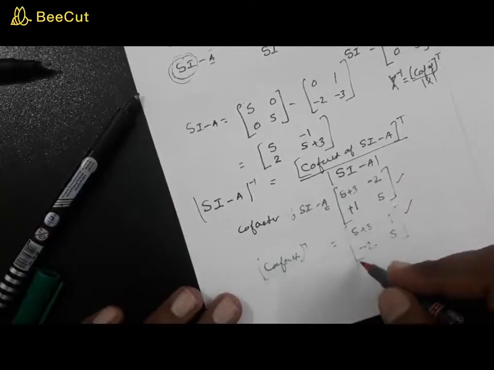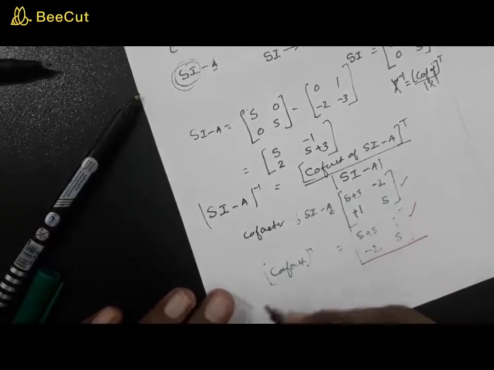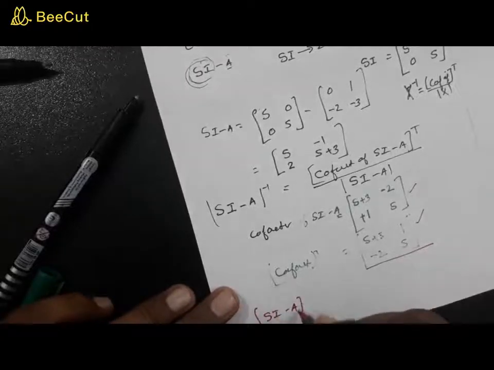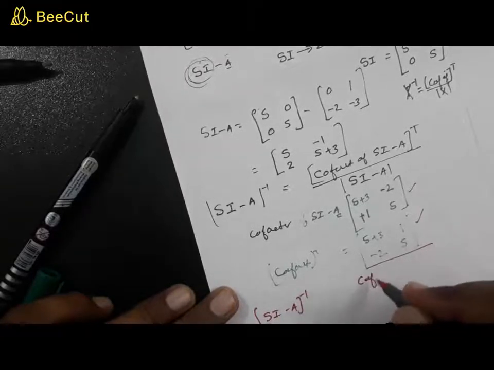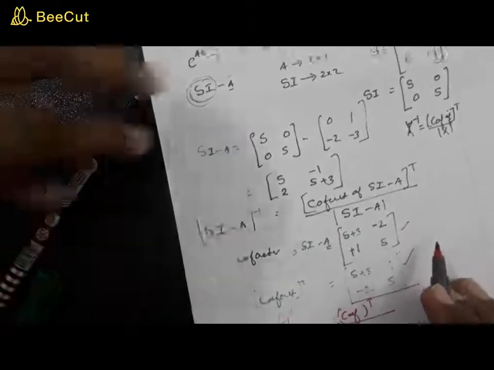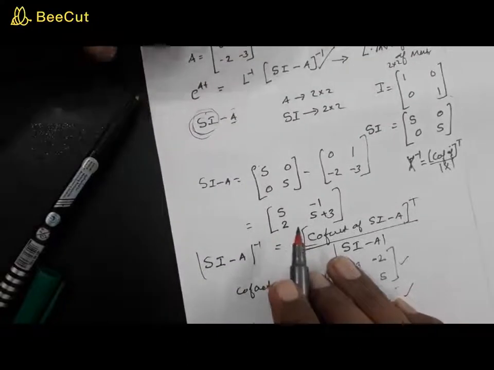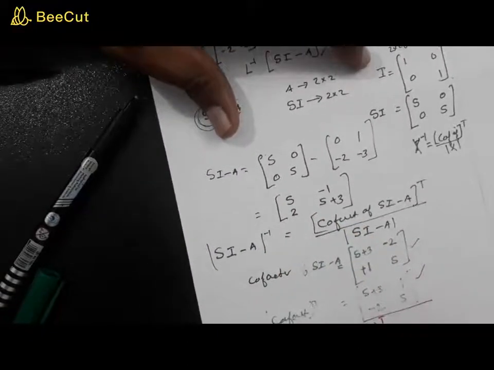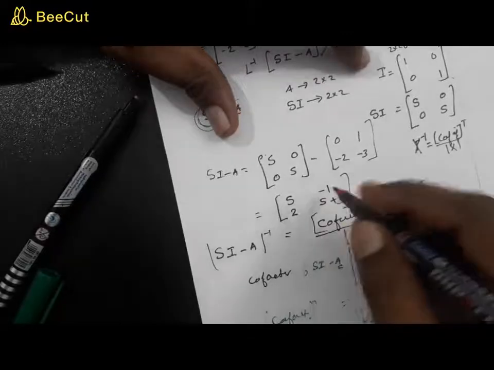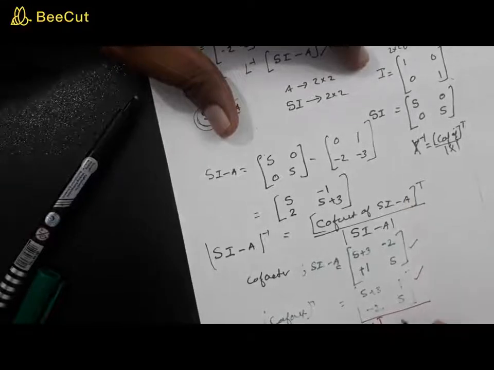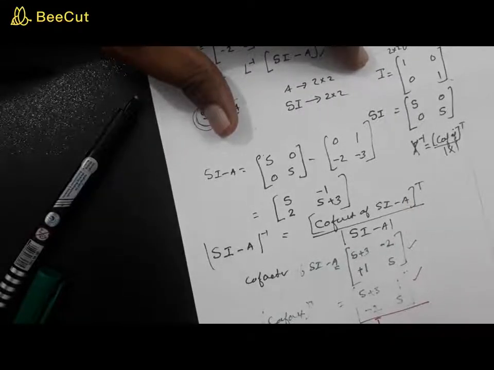This divided by the determinant. Now what is (SI minus A) inverse? (SI minus A) inverse is the transpose of the cofactor divided by the determinant of SI minus A. What is the determinant? S into S plus 3, minus of minus 2, that is plus 2, right?